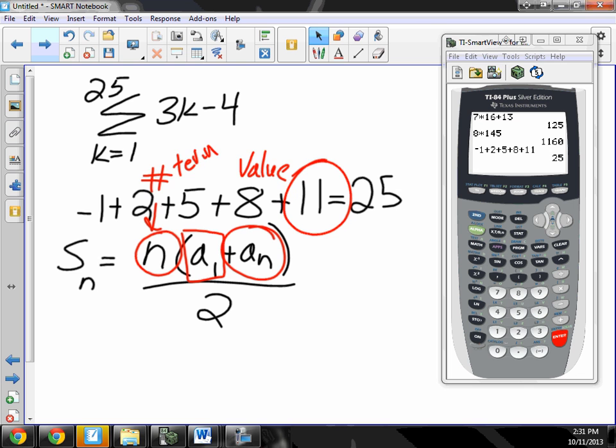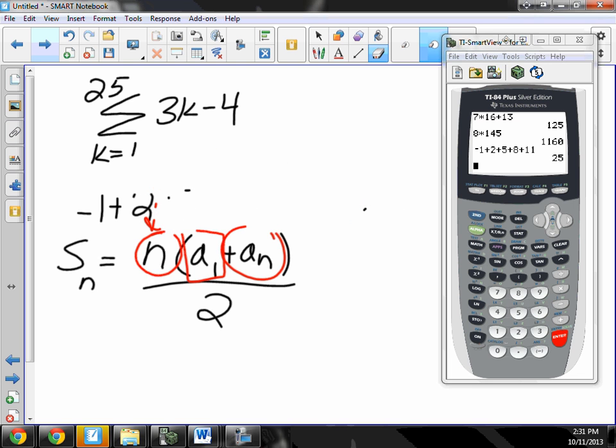So let's try it here. If I wanted to plug all that into the formula, what is my n value here? What's the subscript on my biggest term? 25. 25 times my first term. How do I figure out my first term? I plug 1 in there. So 3 times 1 is 3, minus 4 is negative 1, which I already knew because it was right here.